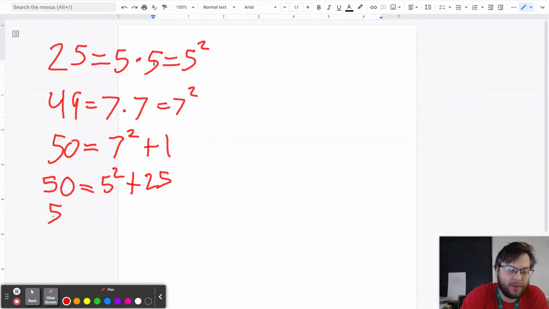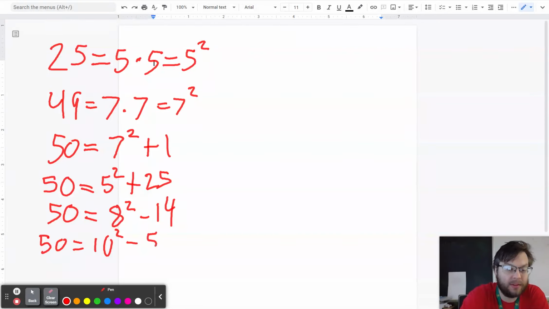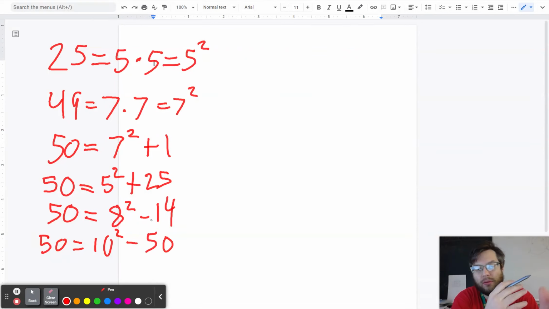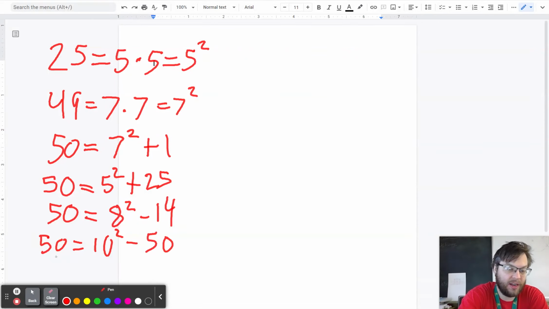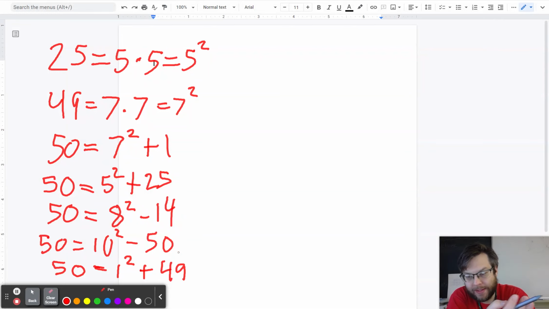I could also write 50 as 8 squared. 8 times 8 is 64, so that's 14 too big. I could write 50 as 8 squared minus 14. I could write 50 as 10 squared minus 50. I hope you see here that I could write 50 as a whole bunch of different perfect squares plus or minus leftover bits. 1 squared plus 49, for example.